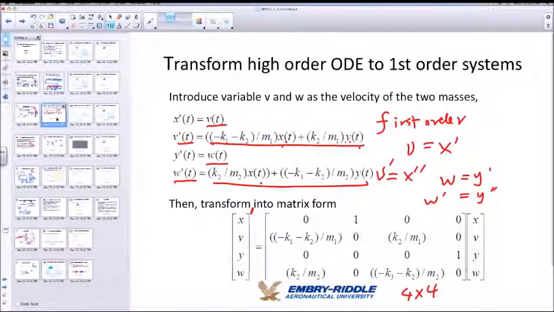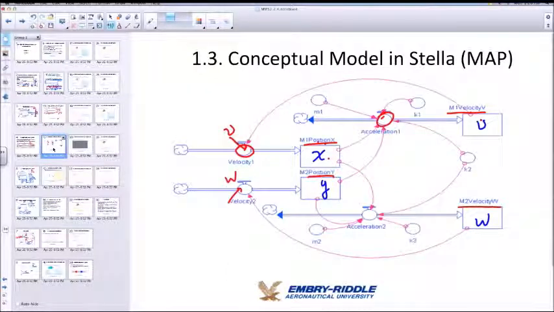So what you see, the x goes to here, and the y goes to here, and the y also goes to here, and the y also goes to here. Those are the two variables you relate with, the x and the y.